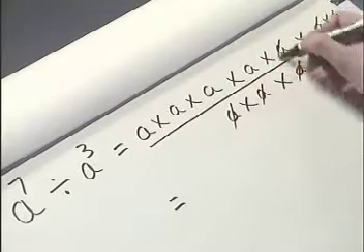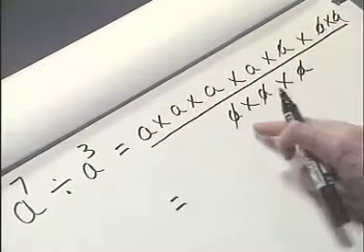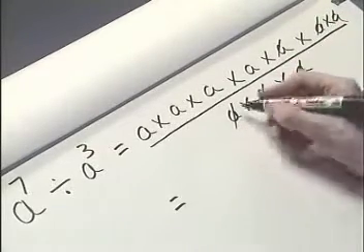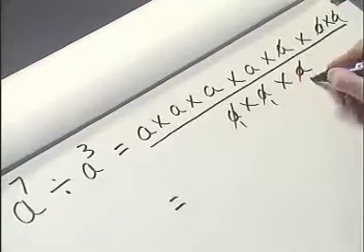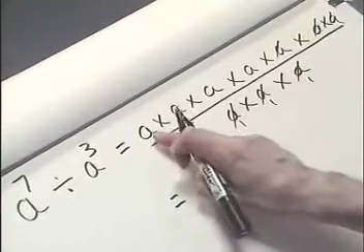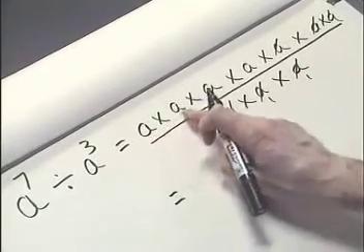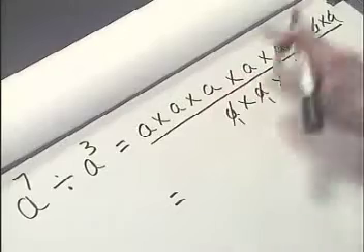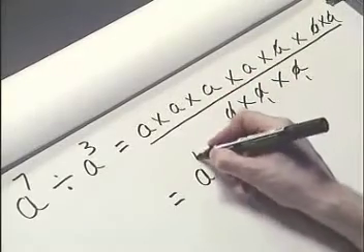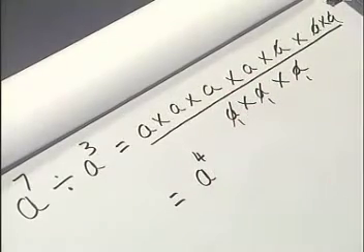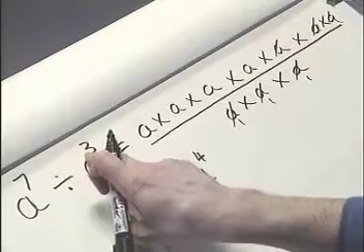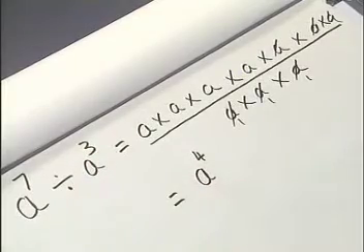And again, there's another common factor of a. So on the bottom here, we've really got 1, 1, and 1. So 1 times 1 is 1, and on the top, a times by a times by a times by a is a to the power 4. But 7 take away 3 is 4.